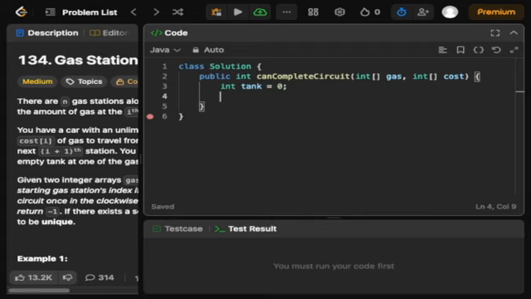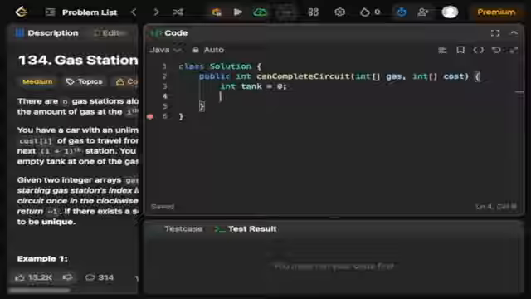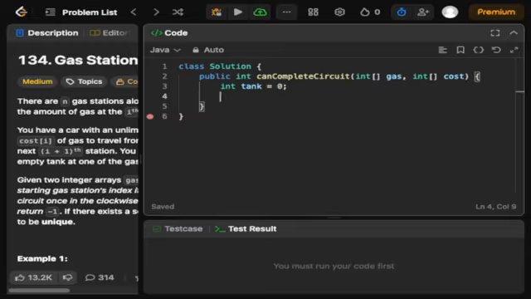At the end, if we find that the total gas in our tank, after subtracting the cost to get to the next stations, ends up being less than 0, that's what's going to determine that we cannot make it. There would be no index in that instance. We wouldn't need to continue iterating. We just need to keep track of the total tank.